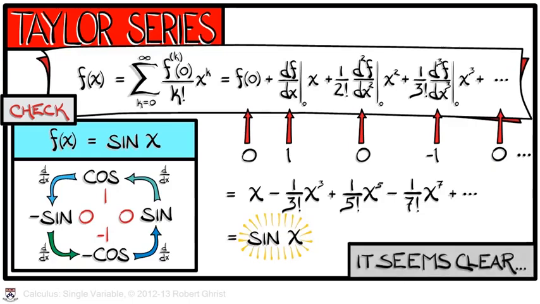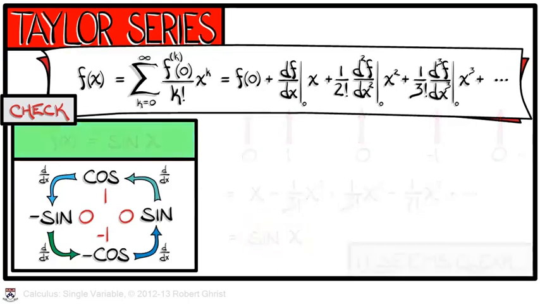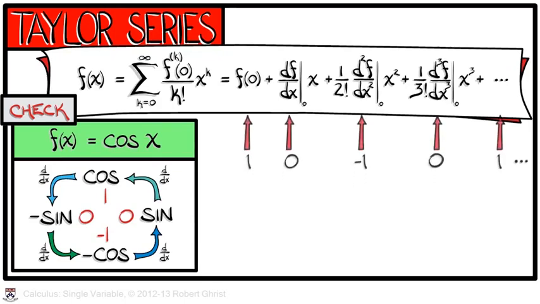It seems clear that this ought to work in other contexts as well, but let's just check it. For example, if we work with cosine of x, then, well, the derivatives of cosine follow the same pattern as before. Evaluating those at 0 gives us the same numbers as before. Why do we not get the same series? Well, because when we evaluate these derivatives, the sequence of numbers is shifted. f at 0, that is cosine of 0, is 1.